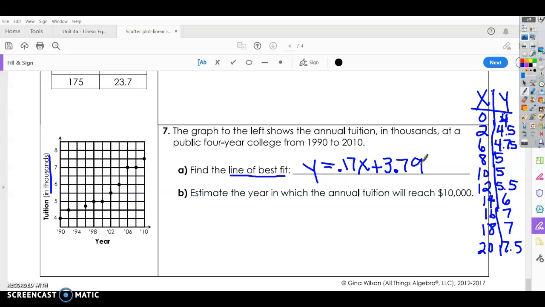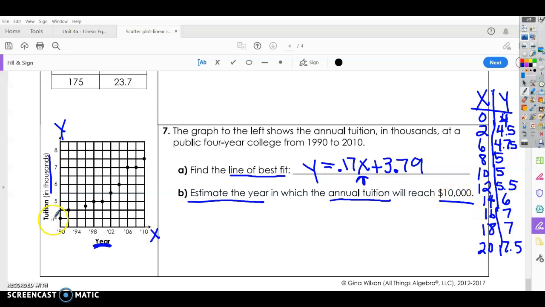All right, now this one is a little bit different. First, it didn't have a table, but now it says estimate the year. The year is on your x-axis. Okay, this is my x, this is my y. So this time we're trying to find the x, not the y. So estimate the year in which the annual, that's yearly tuition, will reach $10,000.